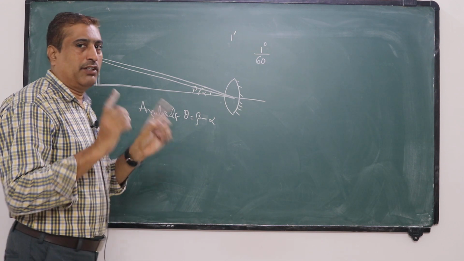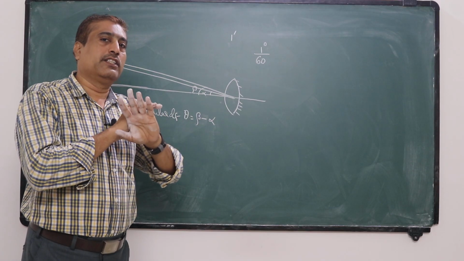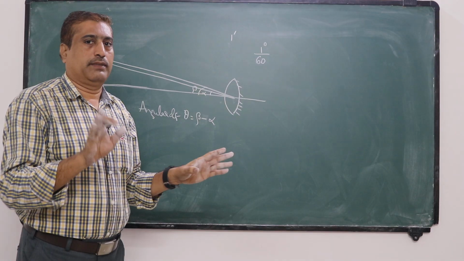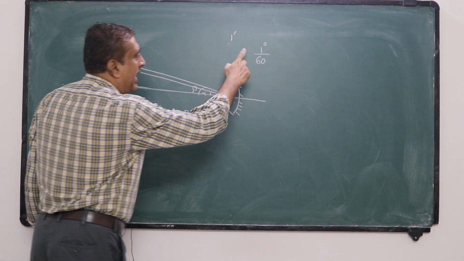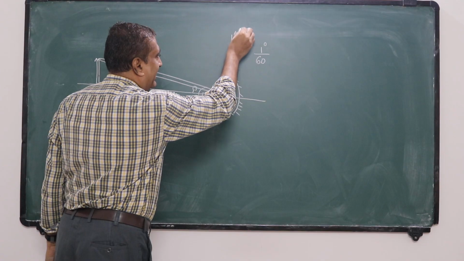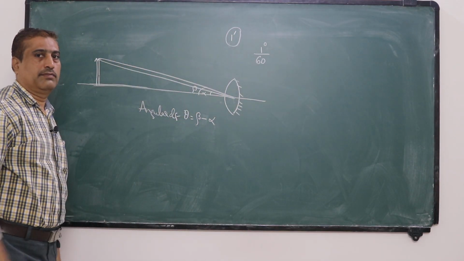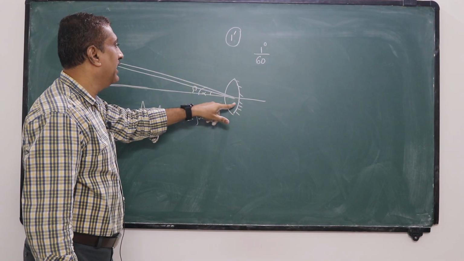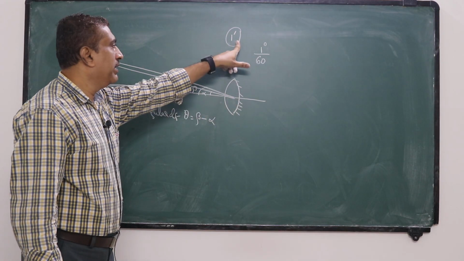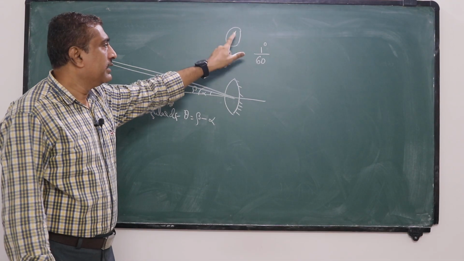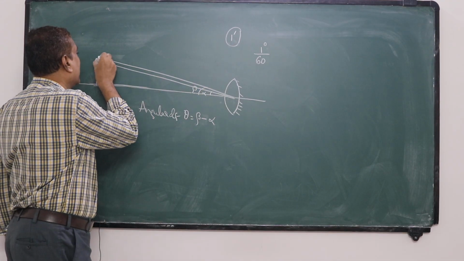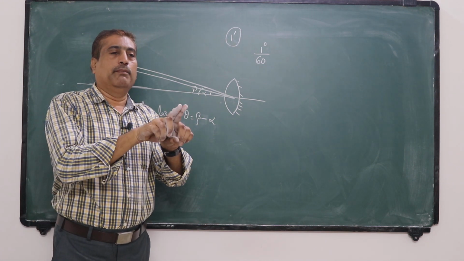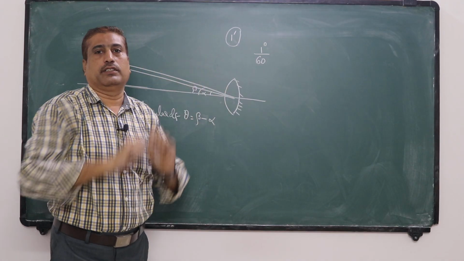Our eye can observe them as separate bodies means our eye can resolve them. Resolving means it can separate these two objects. But if the angular difference theta is less than 1 minute, then these two objects will not appear as separate objects. They appear to be merged with each other.